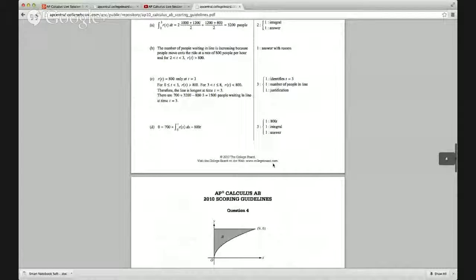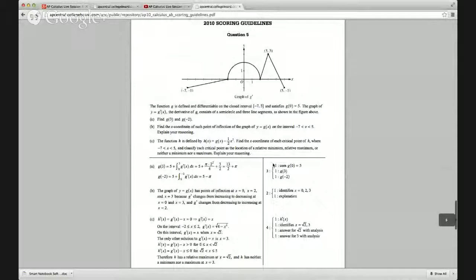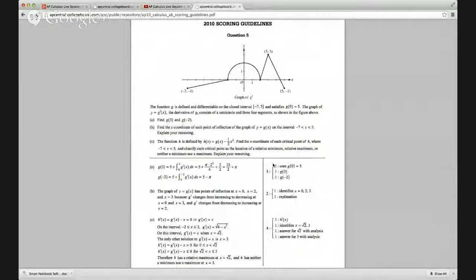Okay. Yes, I love these kind of questions. I don't know why, but I think they're fun. The function g is defined and differentiable on the closed interval. I feel like we did this one in class. It looks really familiar. But maybe I'm just crazy. We're going to work it anyways.